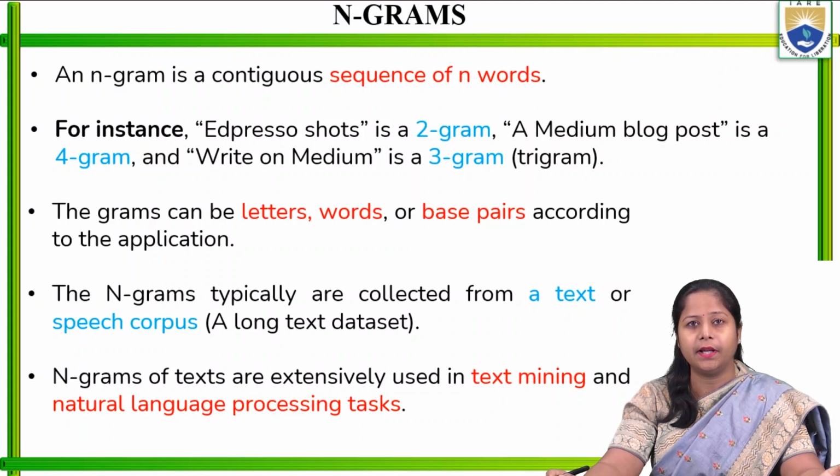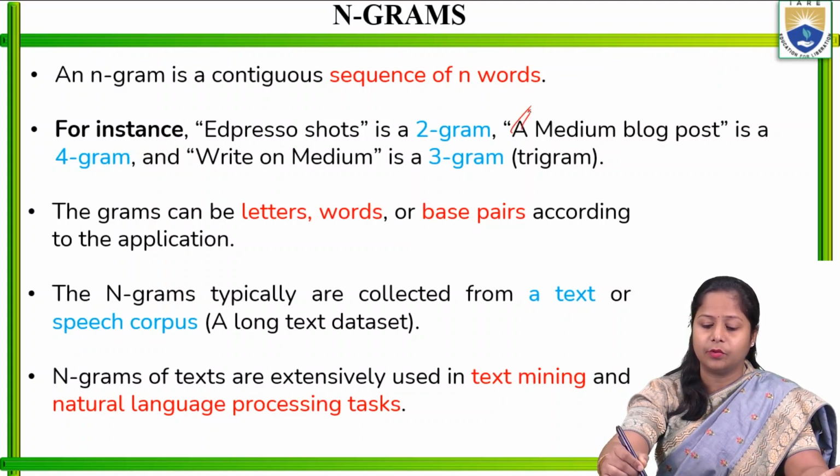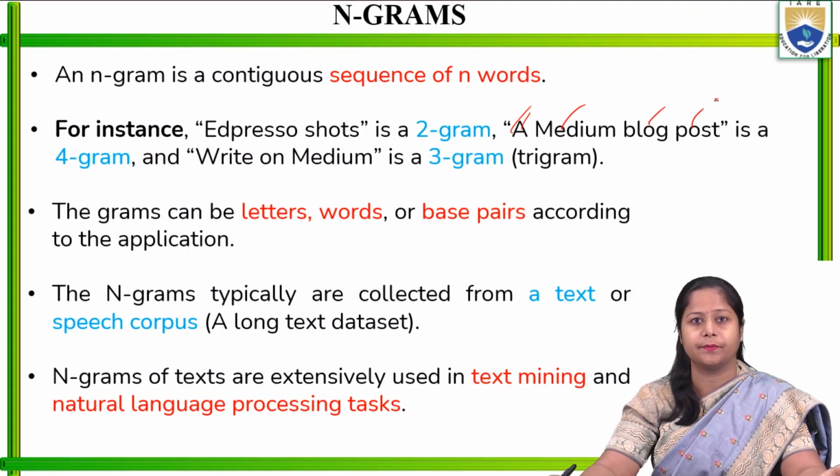For example, espresso shots. These are two words, so that is a 2-gram. A medium blog post has 1, 2, 3 and 4 words.